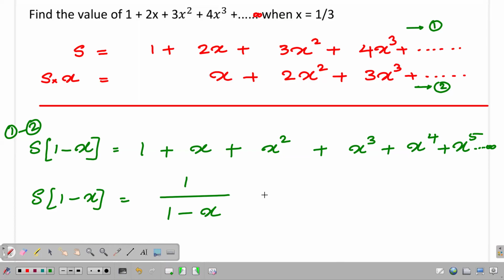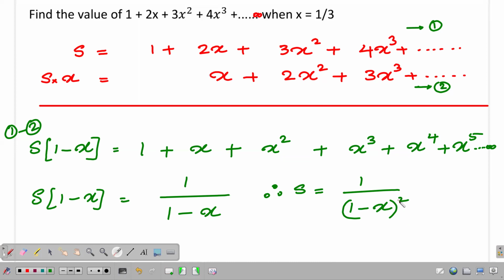So from this, I can see the sum will be 1 by 1 minus x, the whole square. I just took this 1 minus x to the denominator. So s is equal to 1 by 1 minus x, the whole square.